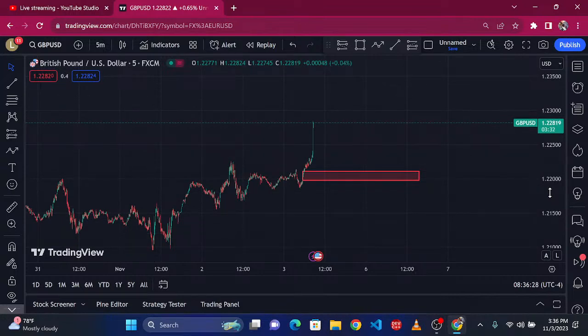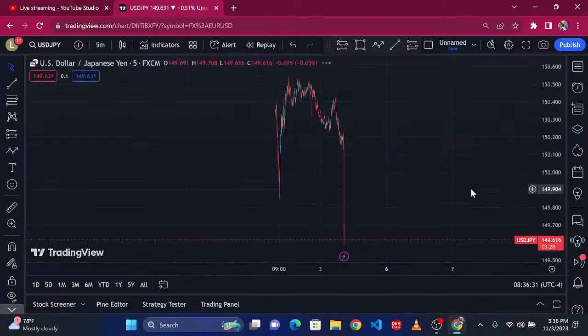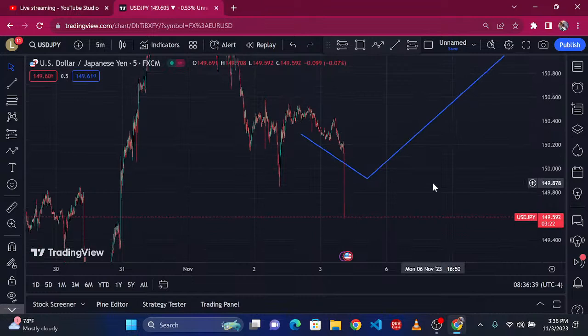GBPUSD is also buying. USDJPY selling really hard.